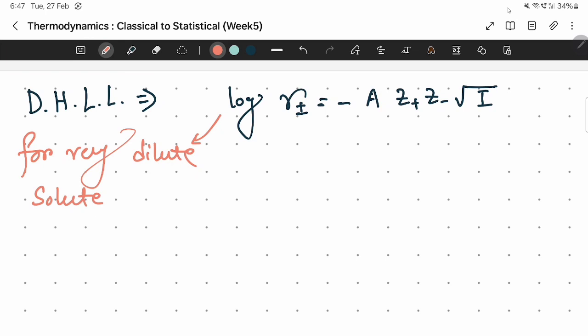Then only the numerator is left, and this reduces to A into z plus z minus into root over I. So now we have to find out gamma plus minus. For that we have to go through it like this.